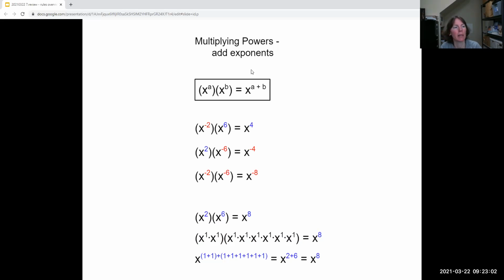So I would recommend you make sure you have this boxed part in your notes. And you could certainly pick one or more of these examples if you wanted to illustrate this rule. And hopefully you already wrote your x to the second times x to the sixth example in your notes as we were talking.